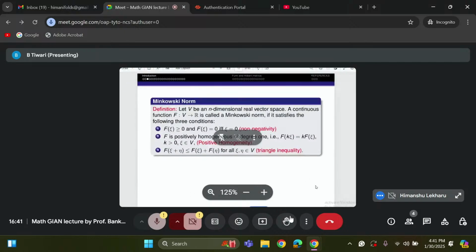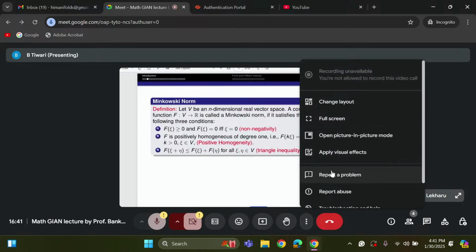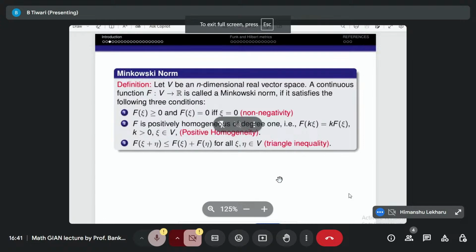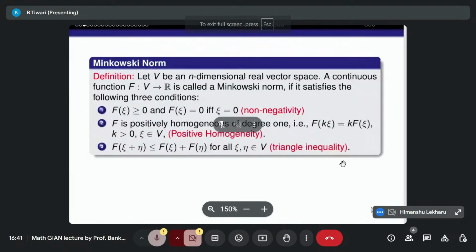So here is the definition of a Minkowski norm on a vector space first. Let V be an n-dimensional real vector space. A continuous function f from V to R is called a Minkowski norm if it satisfies the following conditions. The first condition is what is called the non-negativity condition. So this norm is the usual norm of functional analysis, everybody knows.